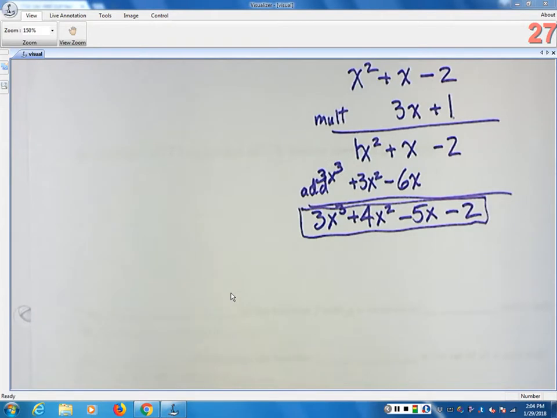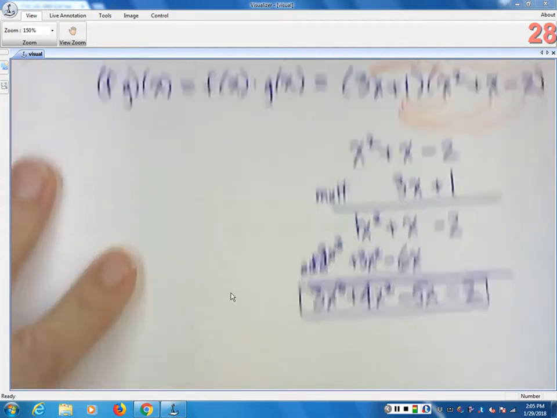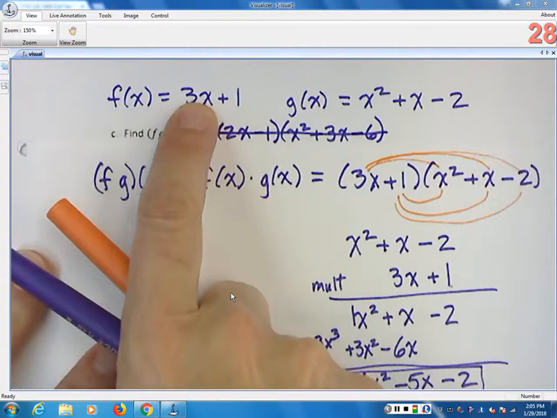And you could have got it by distributing and writing it all out long and combining like terms. I kind of like to put my like terms underneath each other. And so, is there any restrictions on this domain? Well, there were no restrictions up here or here.